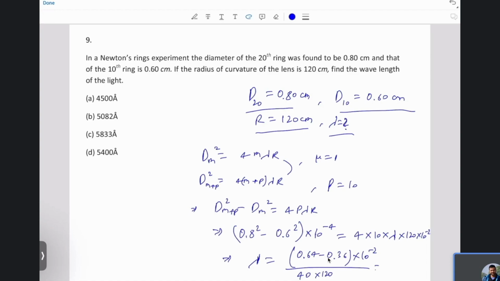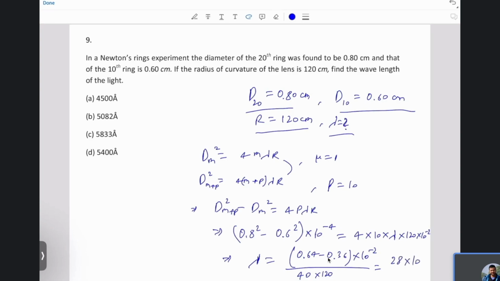And then here, 64 minus 36 will give you 28, right?